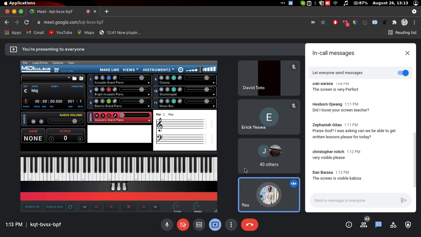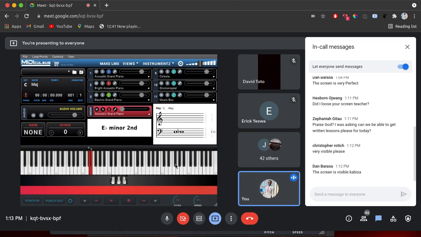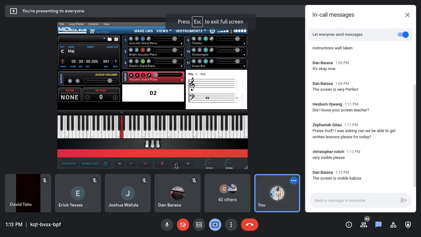For instance, if we have these 2 keys right here, which is key D and key E, then this black key right in the middle, if it is taking after the name of this key towards its right, it will be E flat. If it's taking on the name of this key towards its left, it will be D sharp.